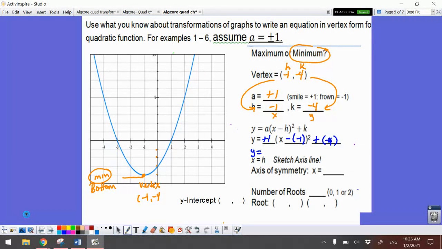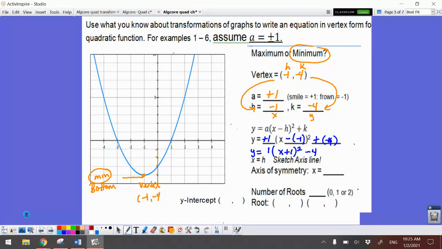The first thing I realize is that I don't need a positive there, so I'm going to get rid of that. A negative and a negative is a positive, so I'm going to make that x plus 1, quantity squared. And plus a negative, I don't normally write that. I write that as minus 4. And now I have my simplified equation.